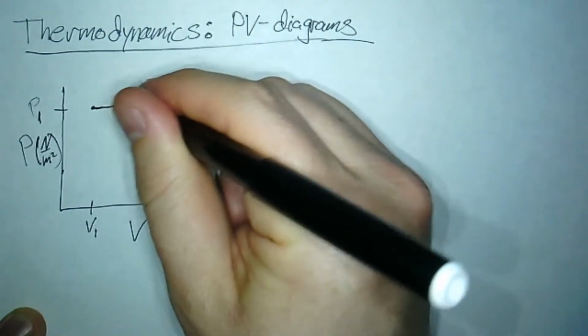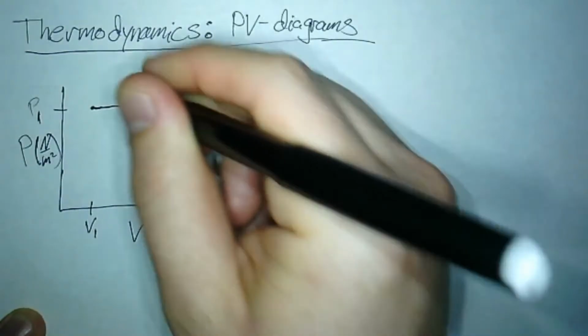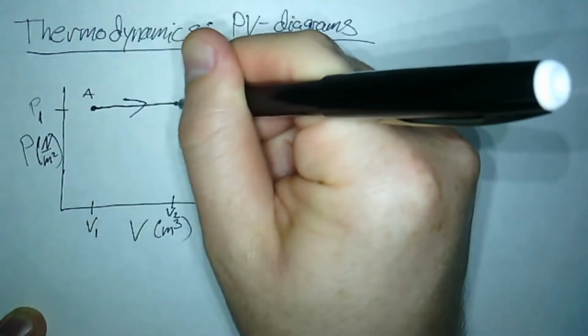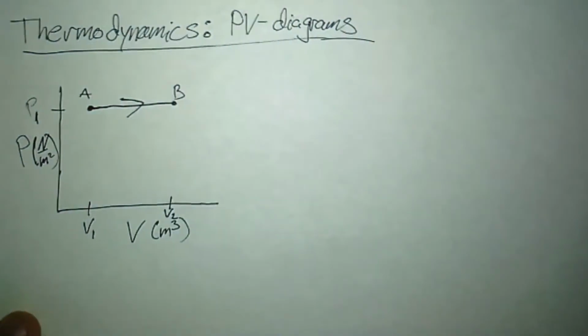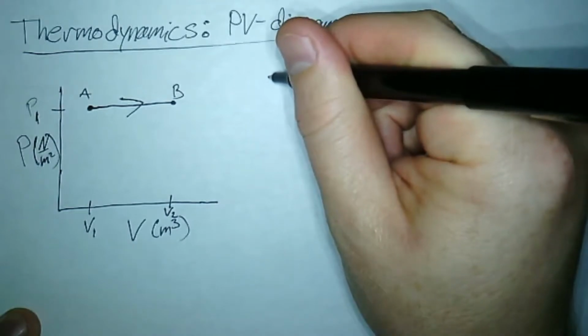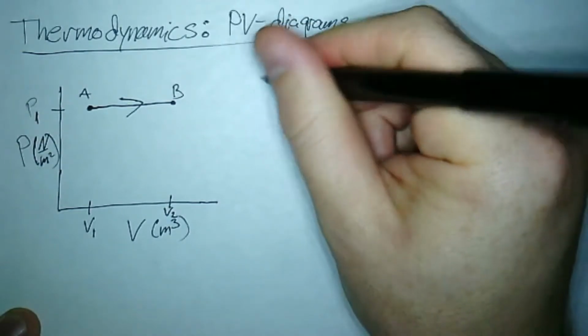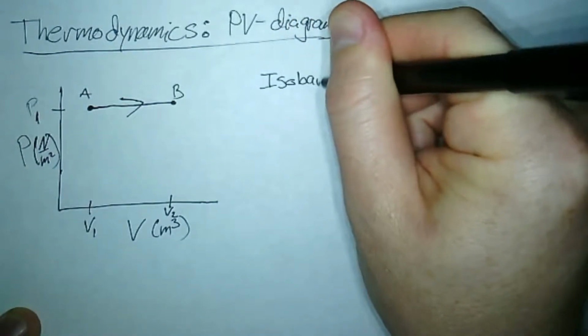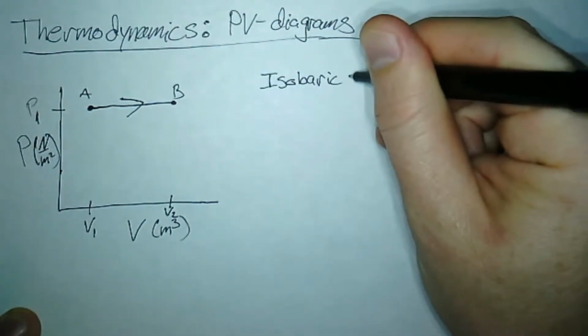So it's gone from, let's say, point A to point B and expanded. Whenever you expand at constant pressure, that's called isobaric expansion. So isobaric means constant pressure.